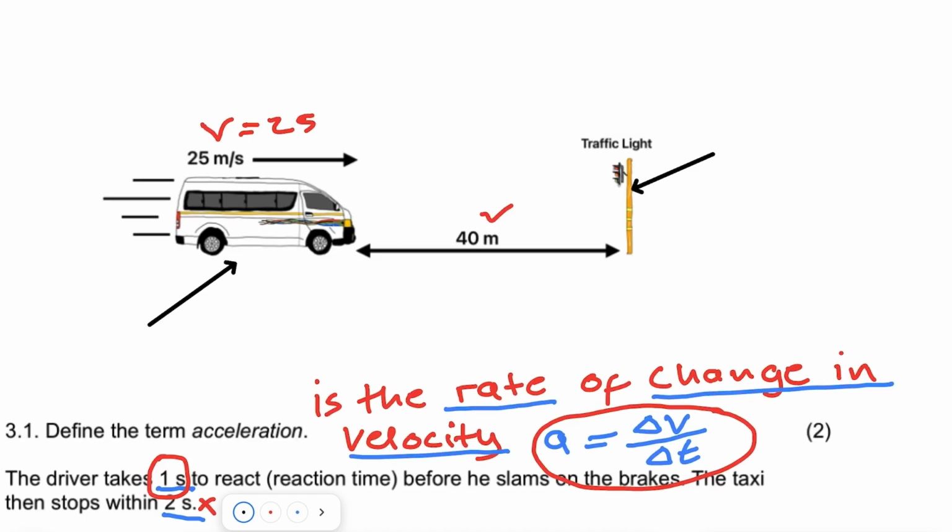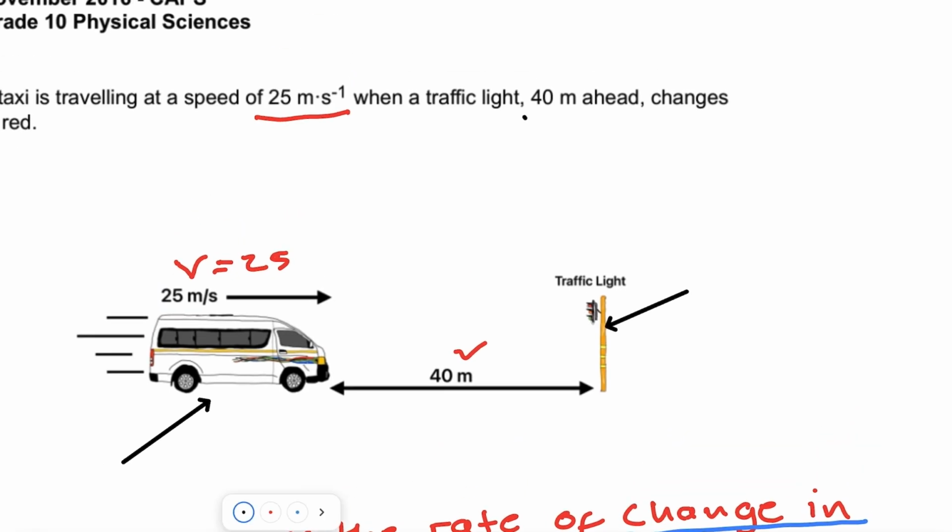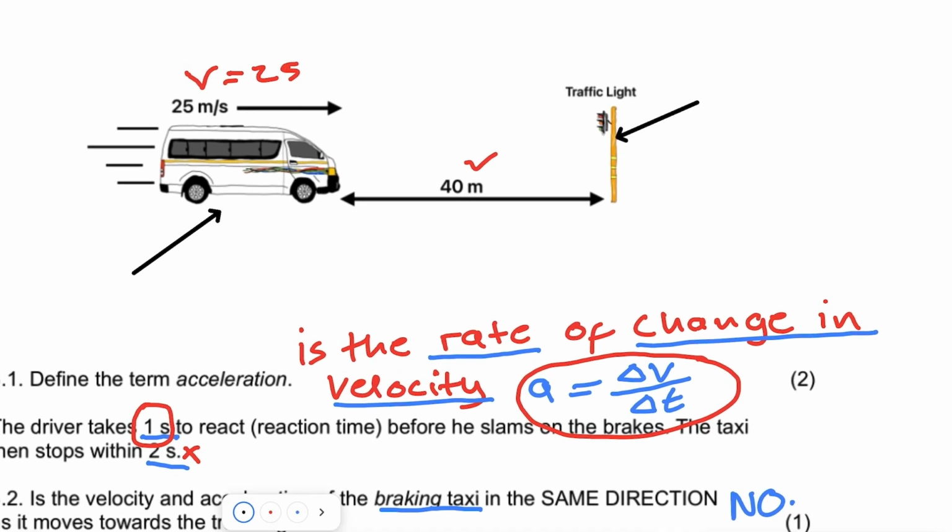When we look back at the question, they said the traffic light is 40 meters ahead. And this taxi traveled 50 meters. This means that the taxi would not stop at the traffic light. Instead, it will pass the traffic light.